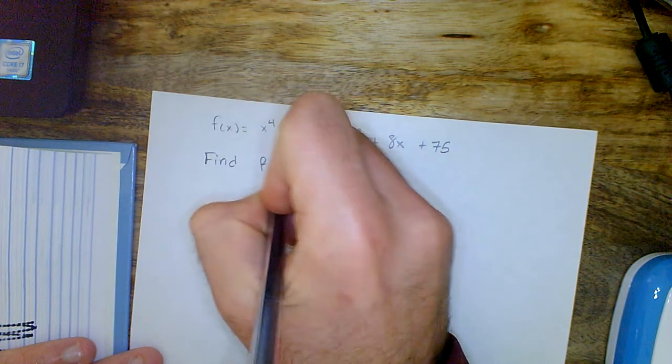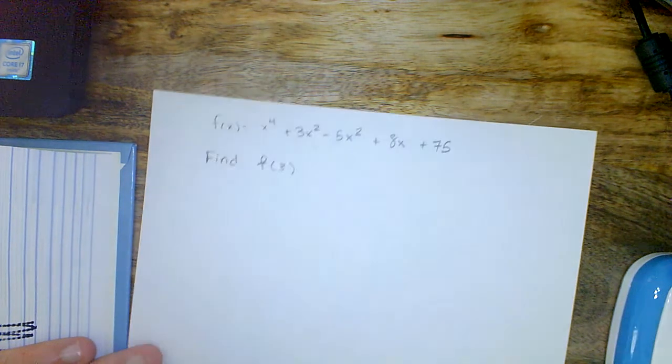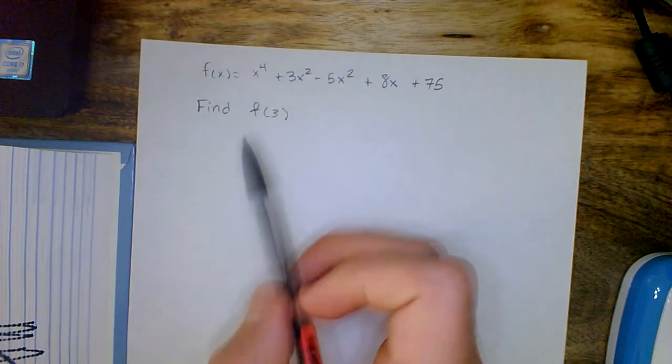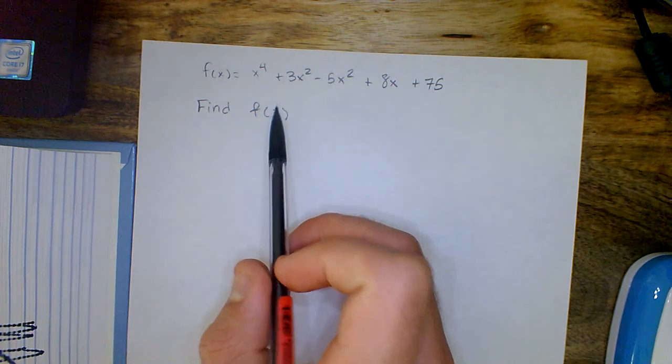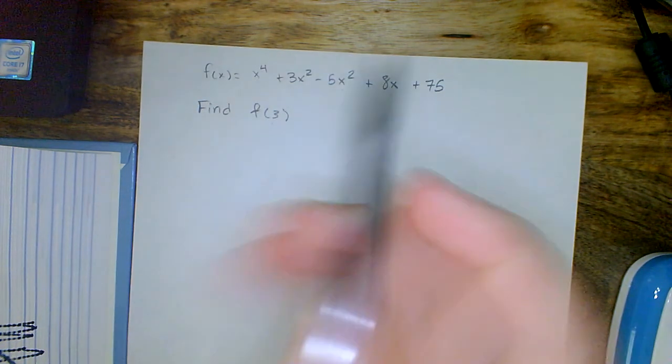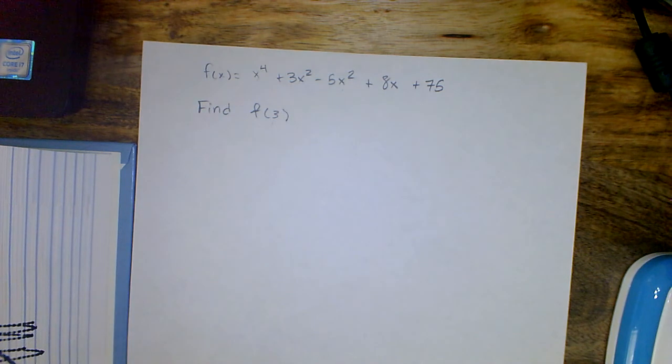Find f of 3. Obviously, one way you can do this, in the way we have been doing it, is to just take this 3 and plug it in where x is. Well, that's fine. That's actually correct. But you could use the remainder theorem if you wanted to.